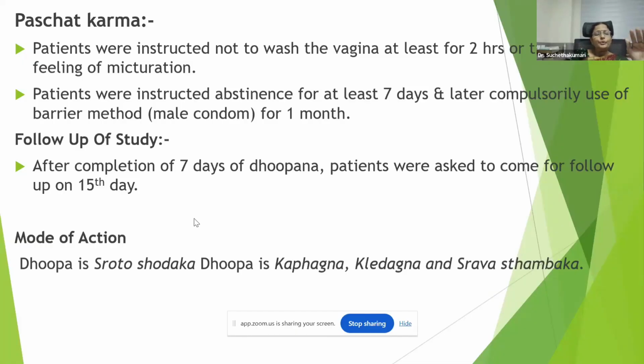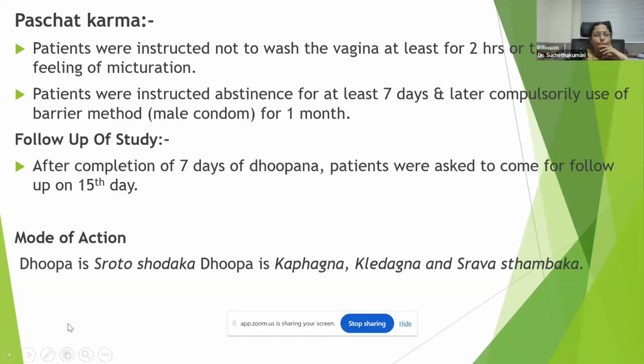After the procedure, the patient is instructed not to wash the vagina for at least 2 hours or till the feeling of micturition. Next is abstinence for at least 7 days, and later compulsory use of a barrier method, especially the male condom, for a period of 1 month.